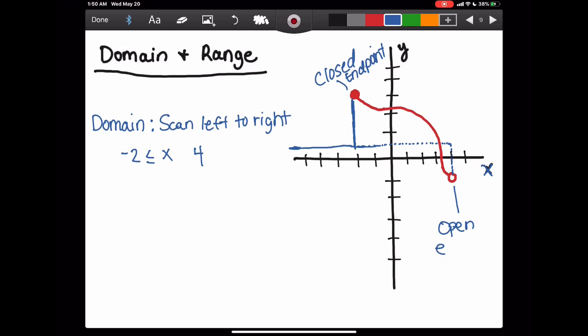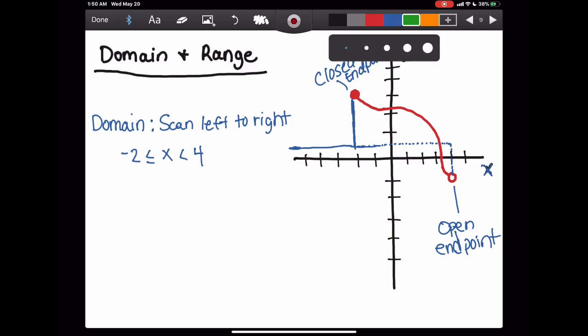I have an open endpoint. So that means that this point is not included. The open endpoint means you want to use the symbol less than. So -2 is less than or equal to x, less than 4 would be our domain for this particular graph.